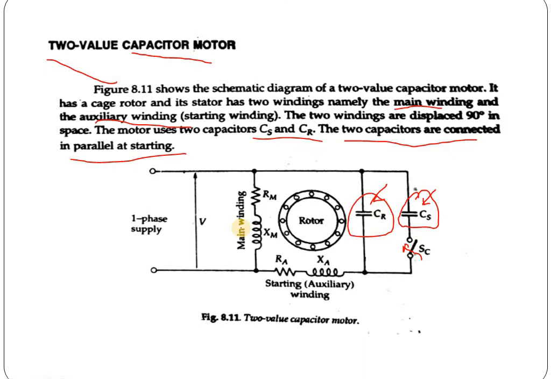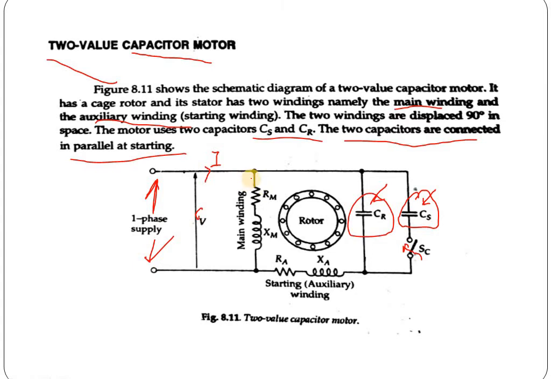Let us see the diagram first. This is our single phase supply, and let the voltage be V. You can see the voltage value is V here. Then the total current I will flow through this path.